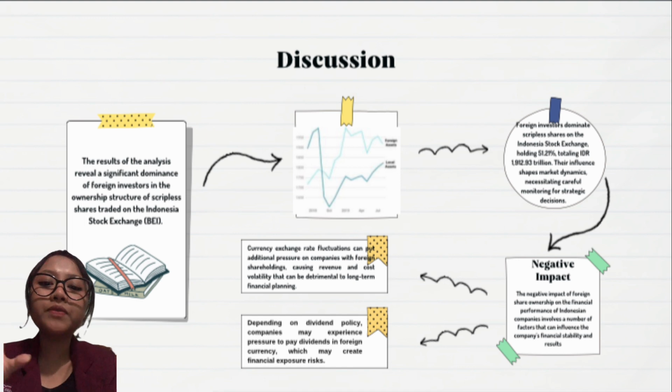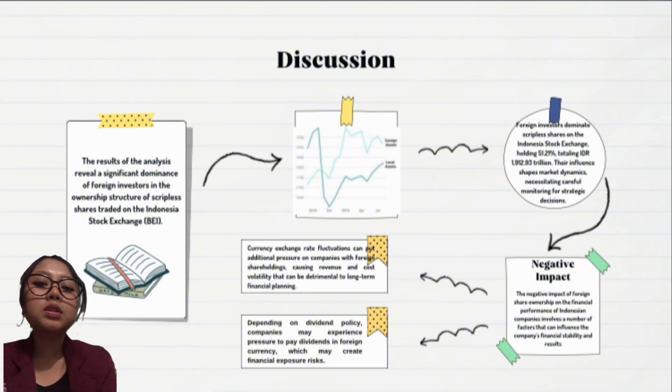The results of this analysis certainly give rise to negative impacts, where the negative impacts of foreign share ownership on the financial performance of Indonesian companies involve a number of factors that can influence the company's financial stability and results.